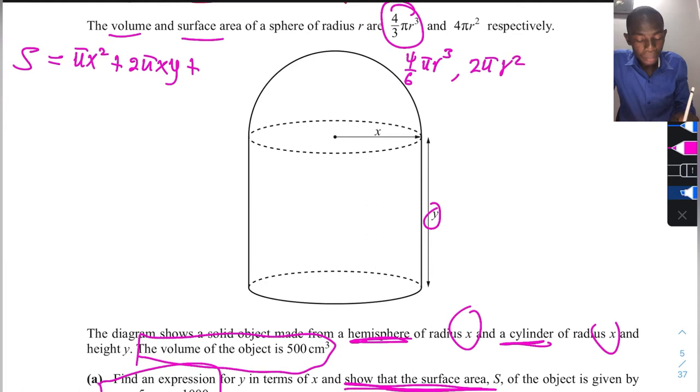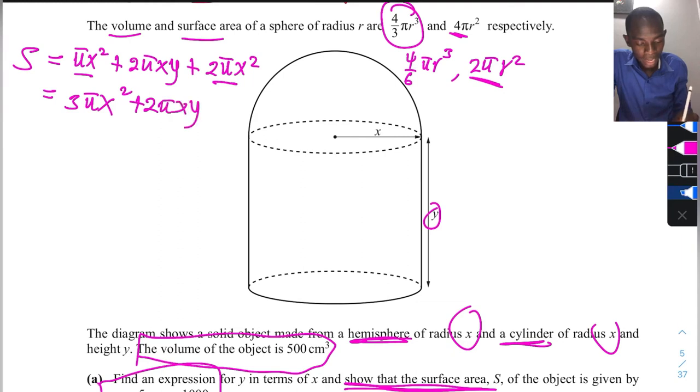Then plus the surface area of a hemisphere, and remember that they gave you 4 pi, but since we are dealing with a hemisphere, it's 2 pi r square, but r is x, so 2 pi x square. Even from here we can add this to that, and then we can get 3 pi x square plus 2 pi x y.